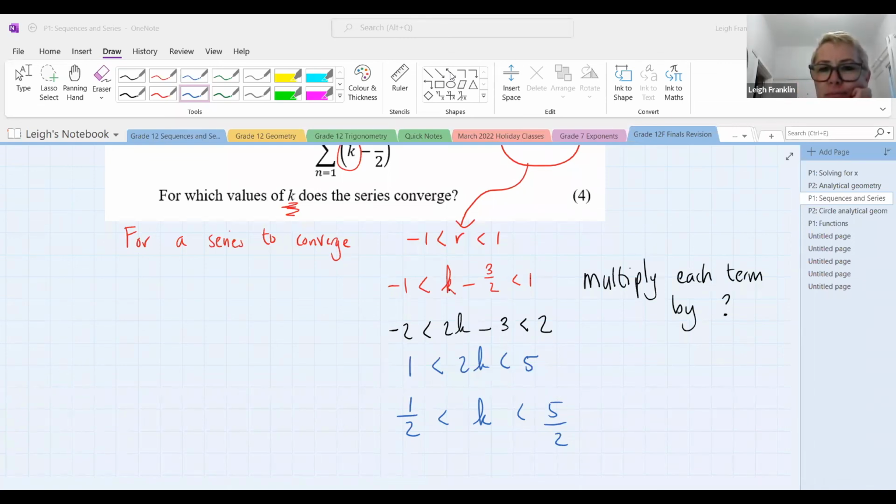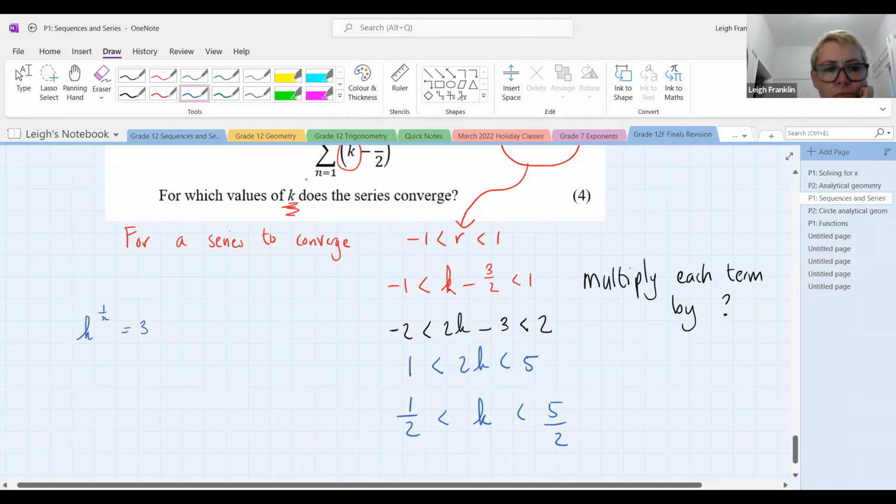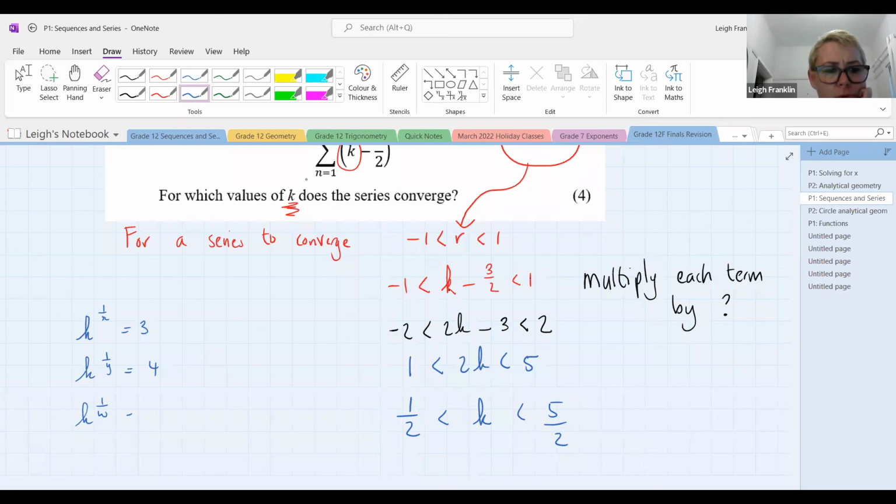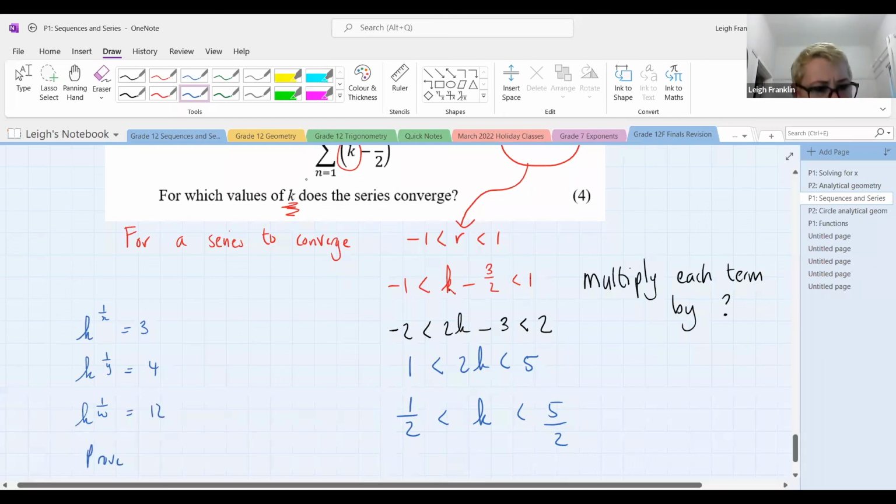So can I tell you the question because it's algebra? Okay, the question says it is given that k to the power of 1 over x is equal to 3, and k to the power of 1 over y is equal to 4, and k to the power of 1 over w is equal to 12. Prove that w is equal to xy over x plus y. Did I write that correctly on the screen?